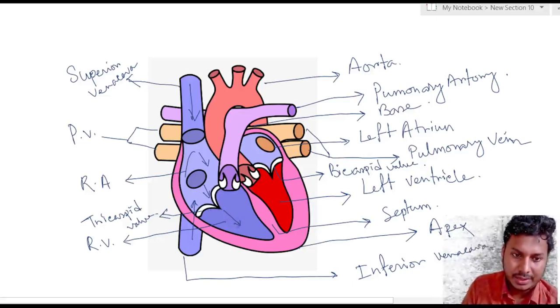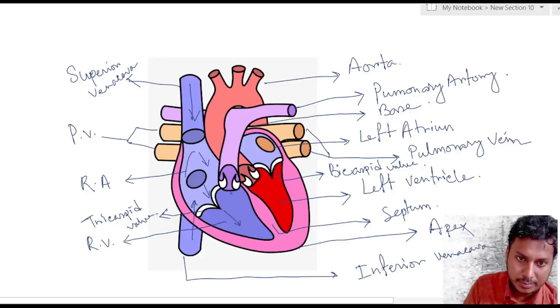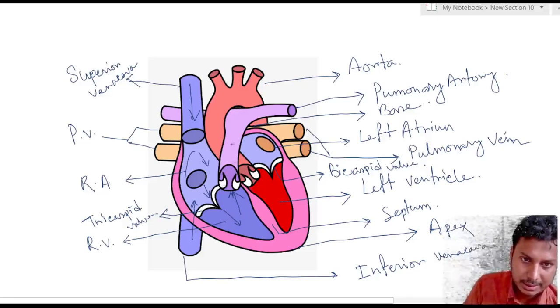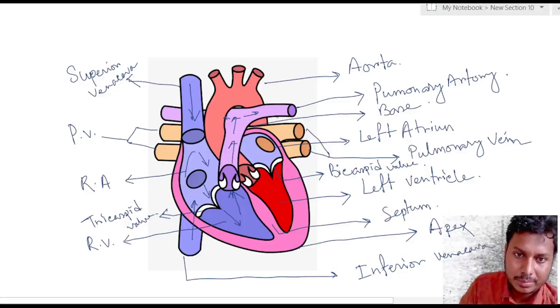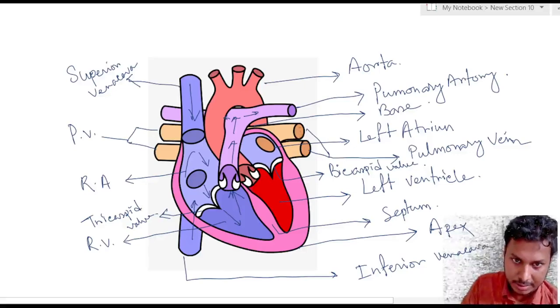After that, when the right ventricle is pushed, this blood goes to the pulmonary artery, and here is a semilunar valve. The blood goes to the lungs to be oxygenated. Then there is also the pulmonary vein.